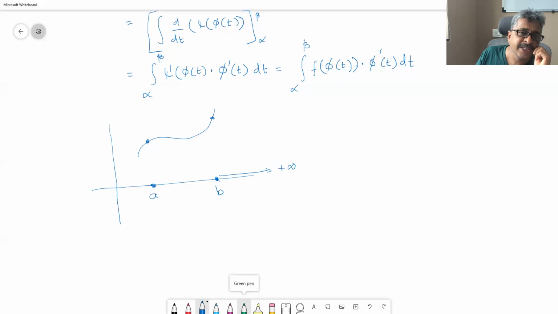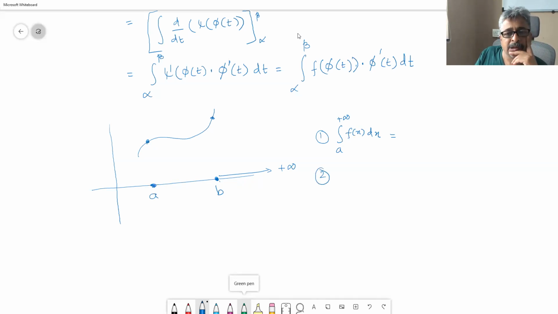A stays here, b goes to infinity. Maybe I will write down integral a to plus infinity f of x dx. I will not be able to use the fundamental theorem because we have defined it for good conditions. So we will have to find out the way out for this.